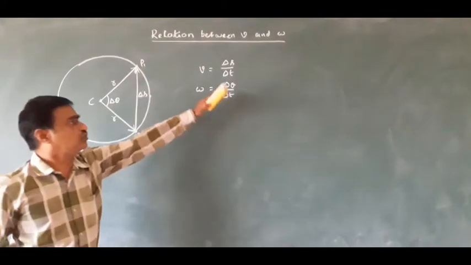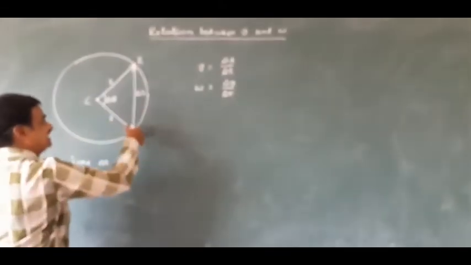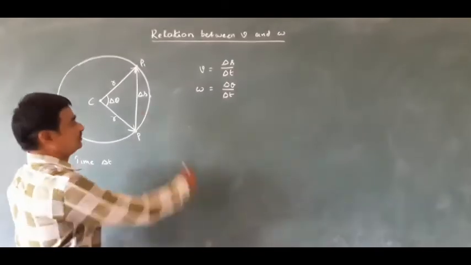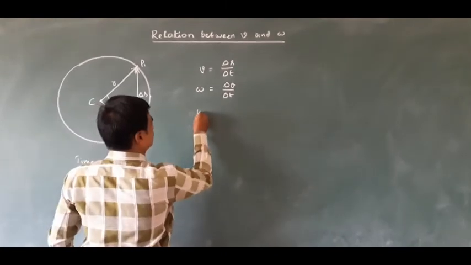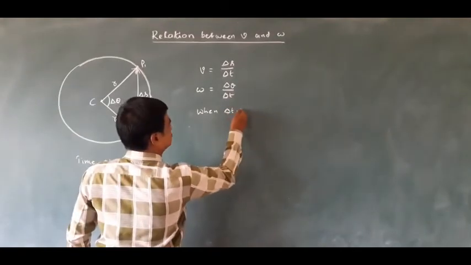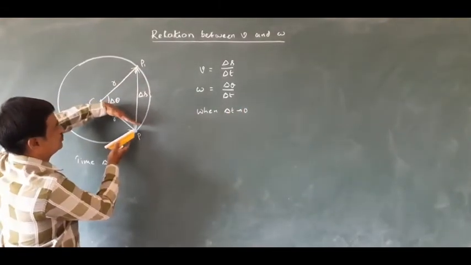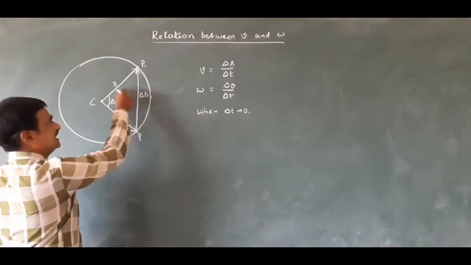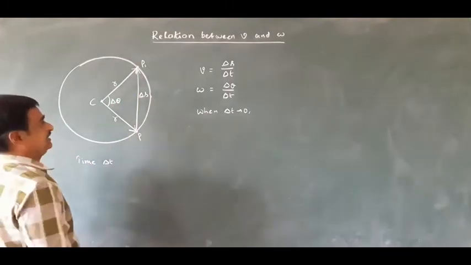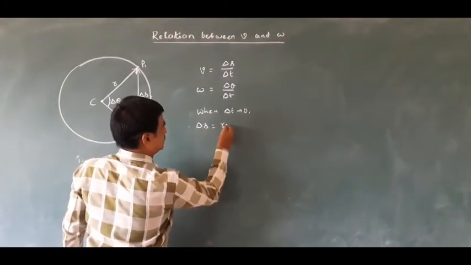Now, we have to relate these two quantities. For that, if you go to this triangle or this part of this circle, when delta t tends to 0, that is for a small change of time, we can write delta s as r into delta theta.